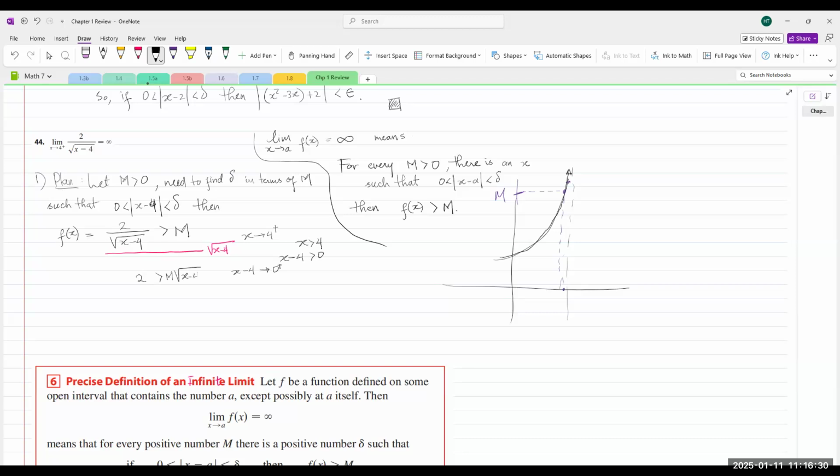We don't need to reverse the inequality sign. Divide by M, which is a positive number. Now I square that. So x minus 4 is less than 2 over M, squared.